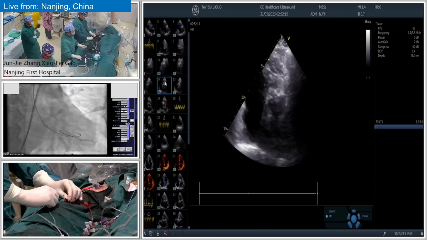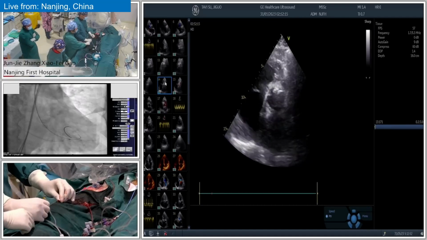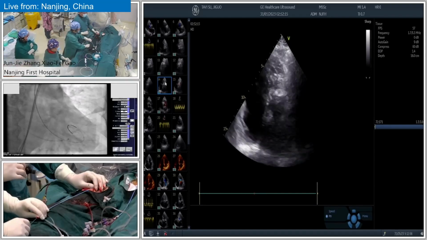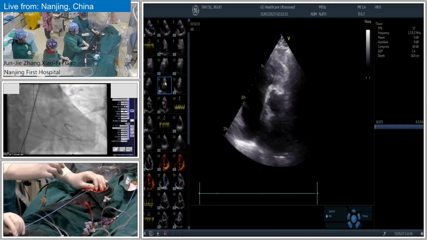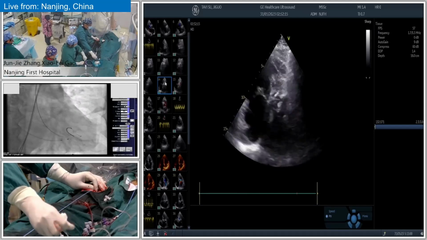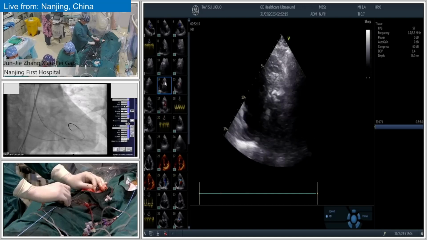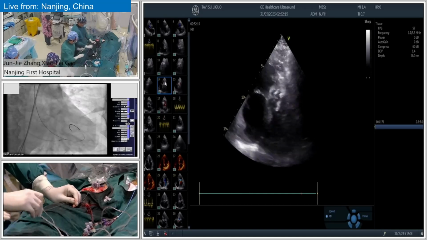So actually, one point echo wants to point out is that this is a typical bicuspid aortic valve, and there is no regurgitation, and there is a lot of calcification in the leaflet wall.